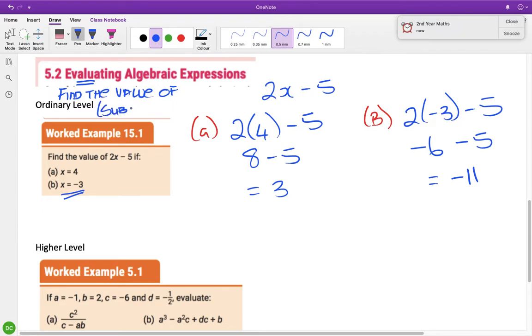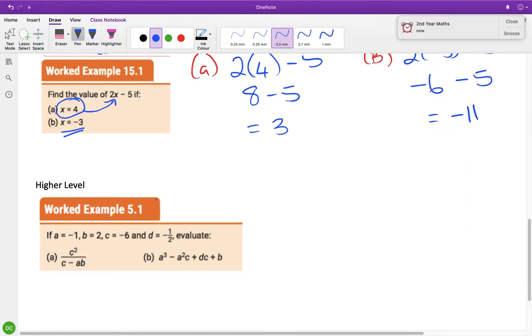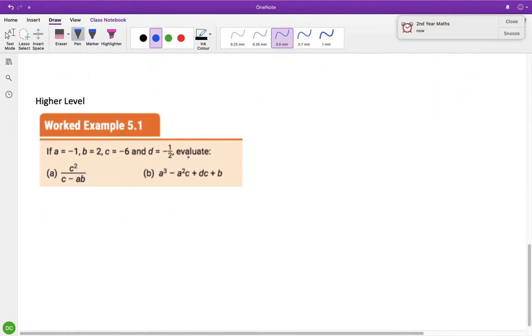It wouldn't be the proper name for it, but it's called substitution because you take a given number and you sub it in for a letter. That's what I've done twice there. So what do they do when it becomes higher level? You can see here, they just make it messy with fractions and minuses and powers and all that sort of stuff. So let's have a look at the first one.